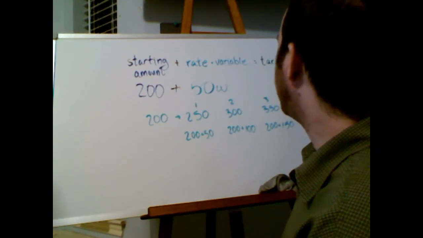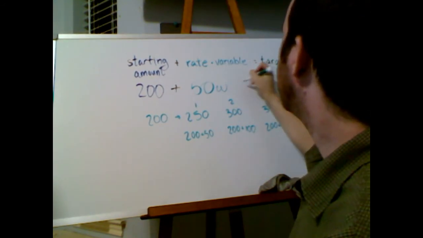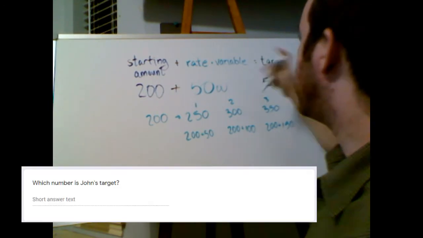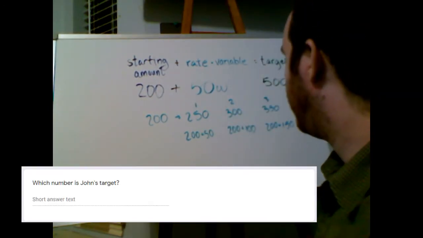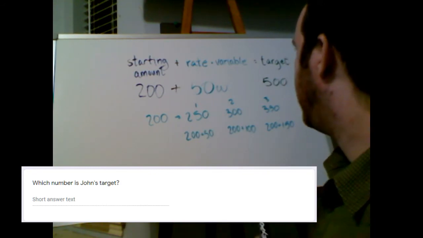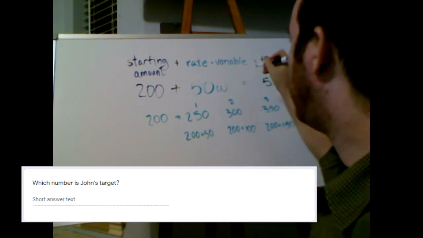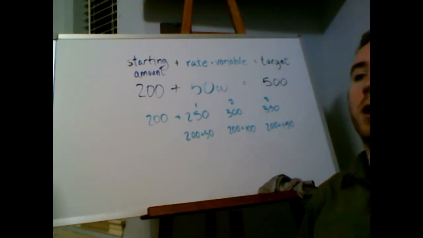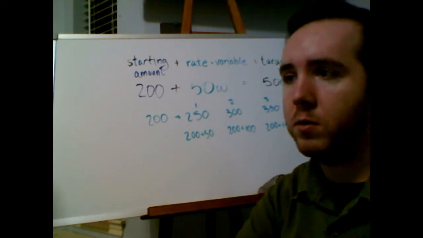And the target is what he's saving towards, which in this case is the $500 for the game console. Okay? So that's our target.